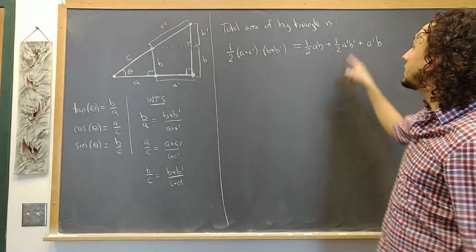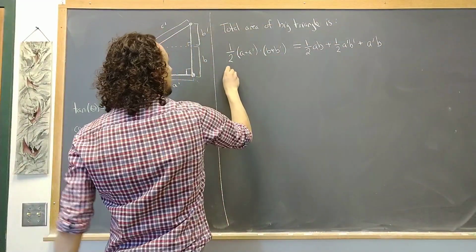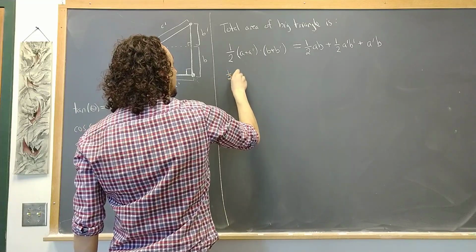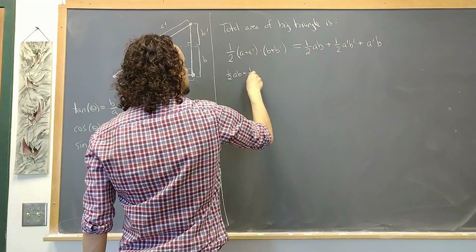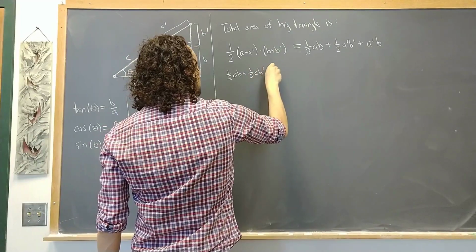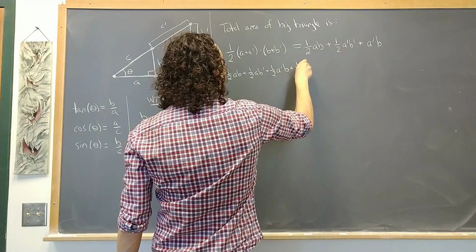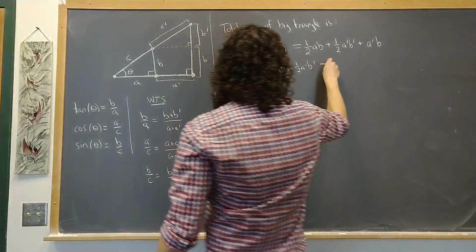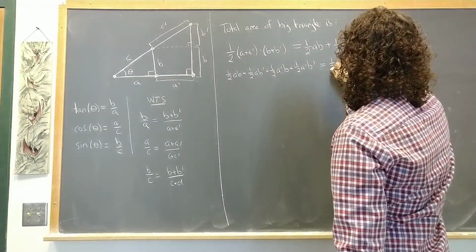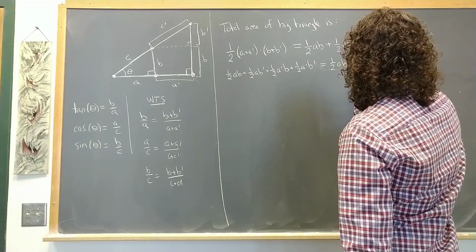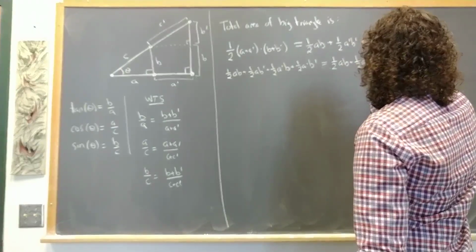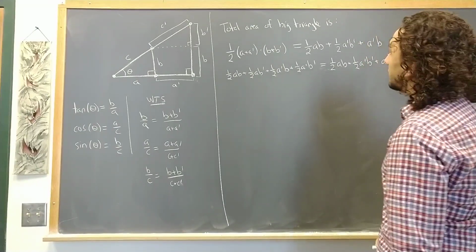And I can use this equation, so I can multiply this out to get 1/2 AB plus 1/2 AB prime plus 1/2 A prime B plus 1/2 A prime B prime equals 1/2 AB plus 1/2 A prime B prime plus A prime B.